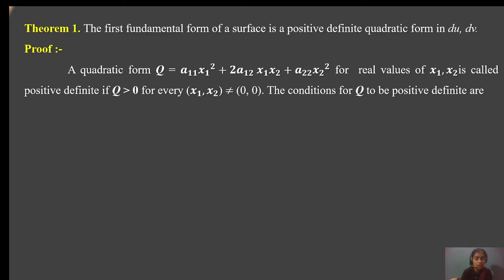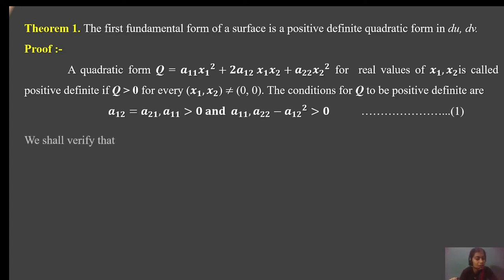The condition for q to be positive definite is a12 equals a21, a11 is always greater than 0, and a11 a22 minus a12 square is always greater than 0.